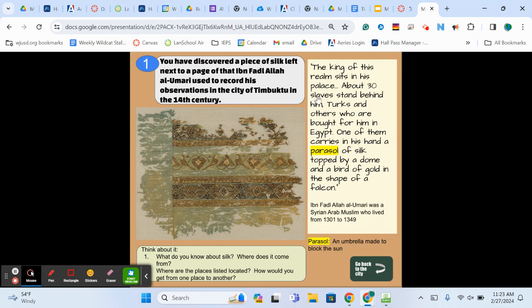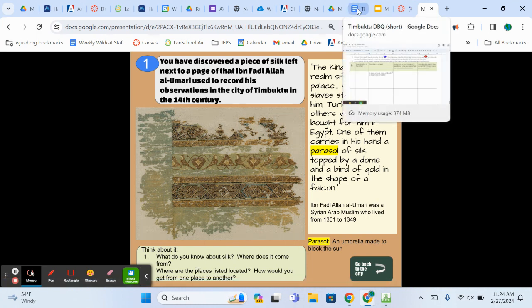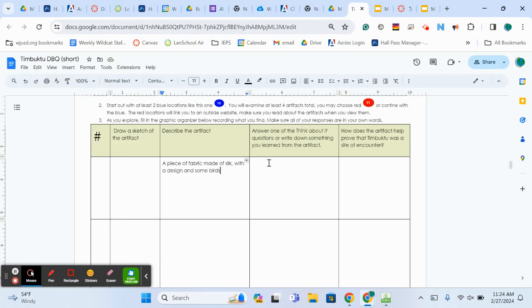Okay, and my next step is to answer one of my 2 think about it questions. So I get to choose which one I want to answer, and I'm going to answer the first one. What do you know about silk? Where does it come from? So coming back over here, answer one of the think about it questions. I know that silk, that does not need to be capitalized.